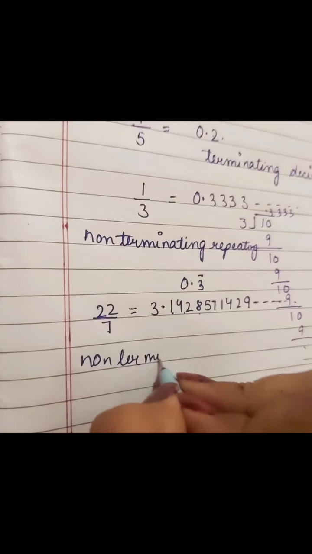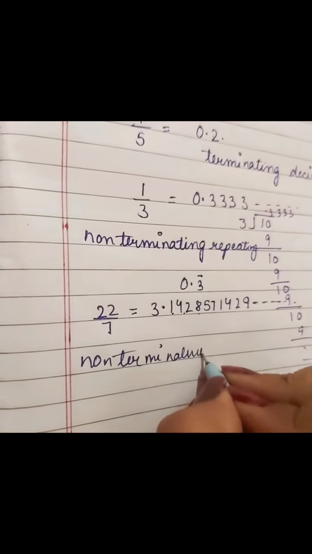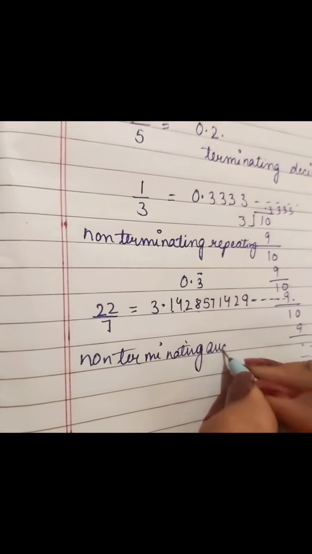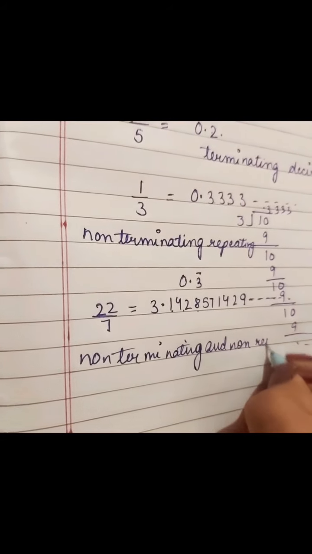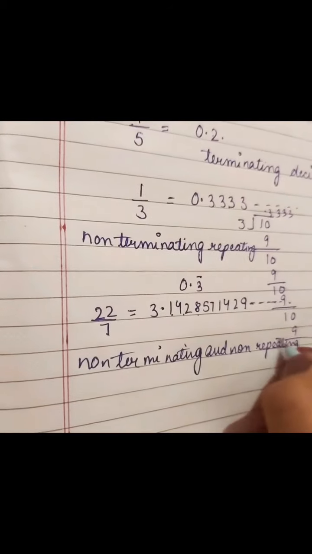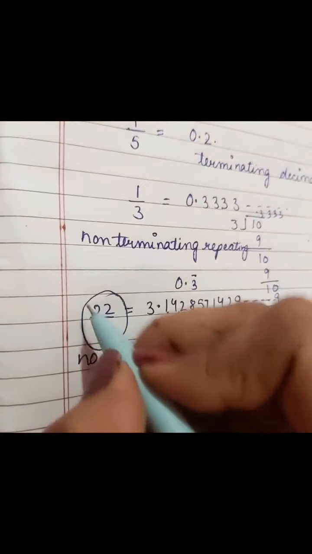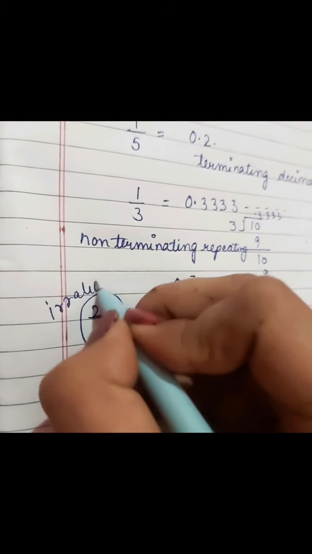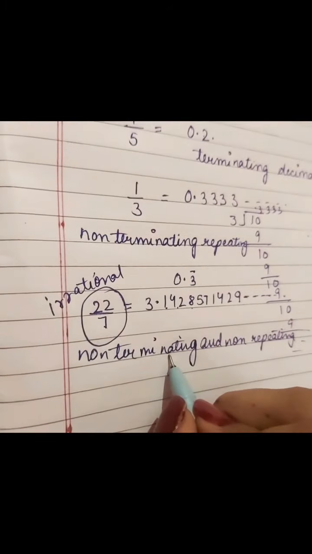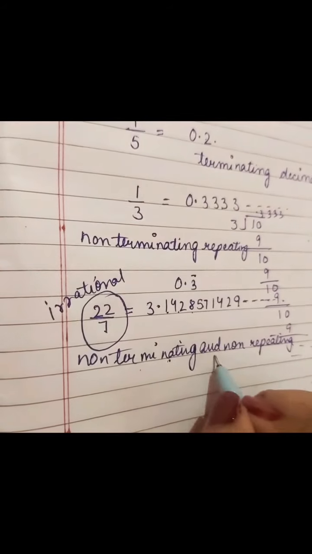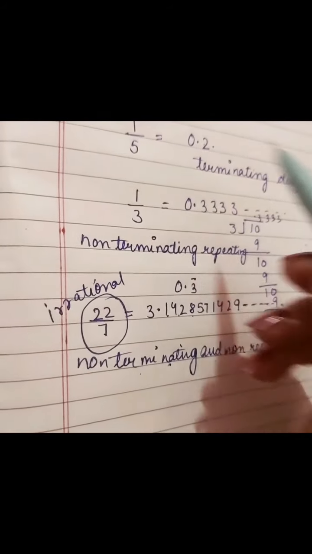Non-terminating and non-repeating. Only irrational numbers have this kind of decimal expansion, that is non-terminating and non-repeating.